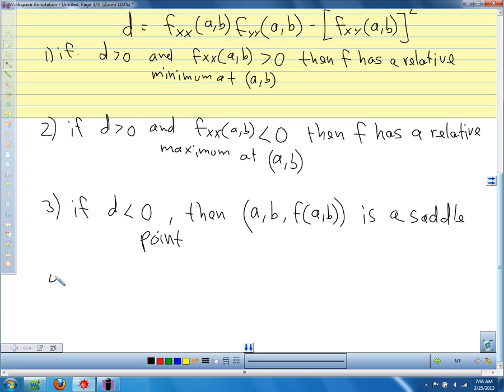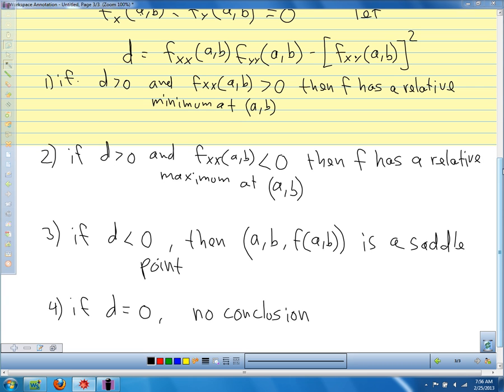And our last condition is if D equals 0, we can draw no conclusion. So those are our 4 conditions with our second partials test.